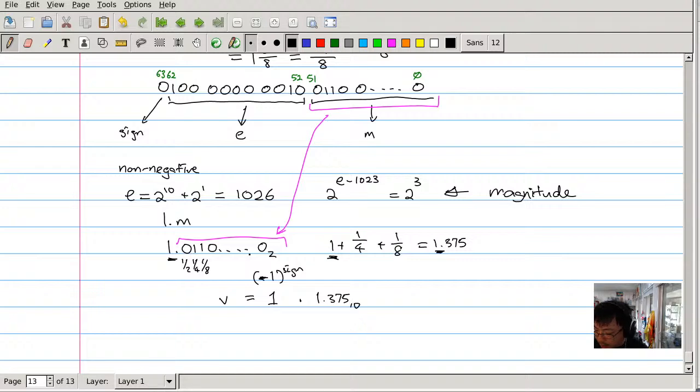This is how I made the conversion from base 2, which is over here, to base 10 over here. Then we also have to multiply it by the magnitude. The magnitude is 2 to the power of 3. So if you use a calculator, or map this back to what we had before, the whole thing is just 11.